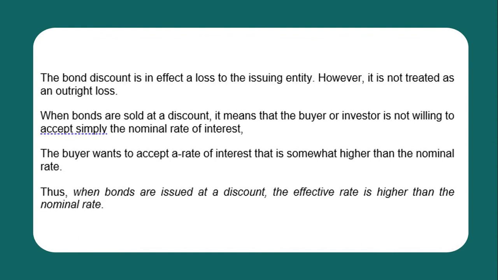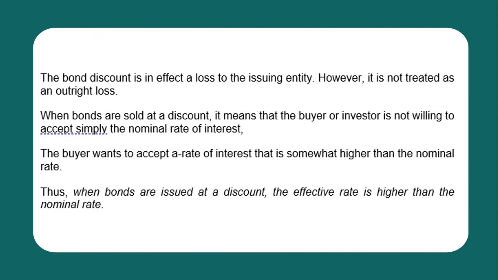The nominal rate represents the interest they will be paid, but they want it more. That is why it is a discount. The buyer wants to accept a rate of interest that is somewhat higher than the nominal rate.